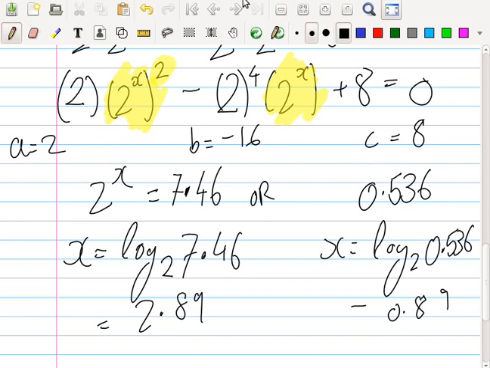Okay, anything else from that page? Yeah. Why did you take 2x instead of 2x squared? What do you mean? Why did I write, the first one, 2x squared? The previous line was 2x, wasn't it? No, I mean, when you got 7.46, you put 2 to the power x.